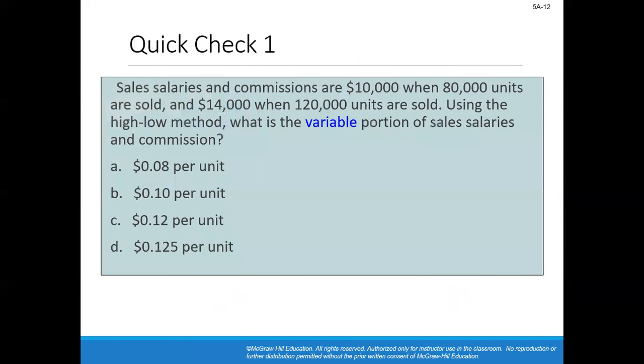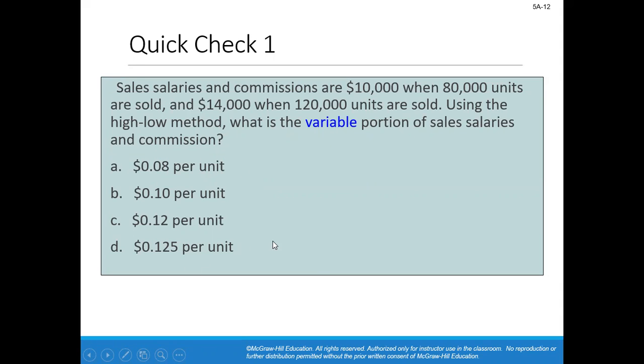So here is a quick check. Look at it and give me your answer in the chat box. What is the variable portion of sales salaries and commission? Sales salaries and commission are 10,000 when 80,000 units are sold, and 14,000 when 120,000 units are sold. Using the high-low method, what is the variable portion in terms of per unit?